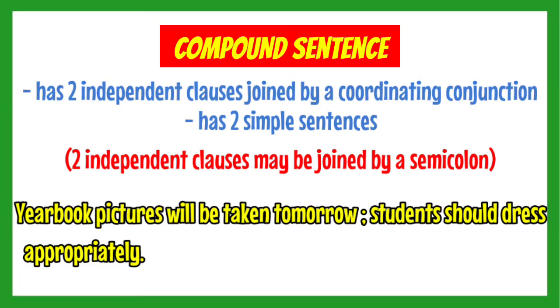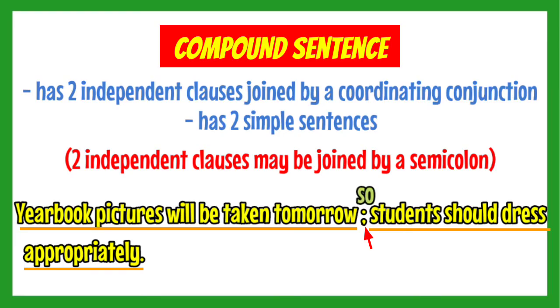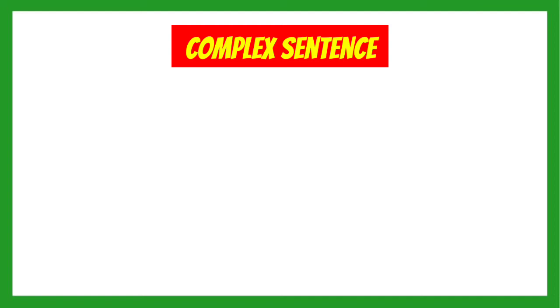The two independent clauses here are, yearbook pictures will be taken tomorrow, and students should dress appropriately. As you can see, a semicolon is used to join them instead of a coordinating conjunction. But the sentence is still a compound sentence. Okay? Now let us move on to the complex sentence.